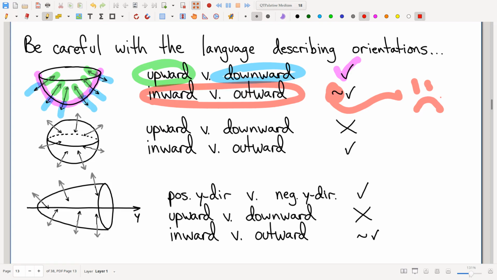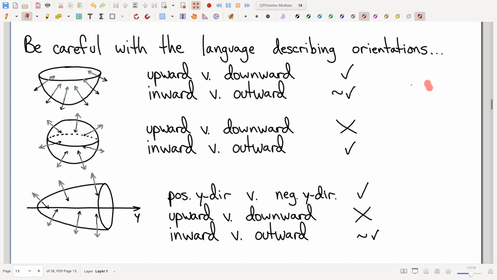This surface is not closed. There is no actual inside. So inward, in this case, doesn't really mean anything. If you get a quibbly grader, conceivably they might complain about something like that. So you want to try to avoid language that doesn't do the job, right, of being unambiguous.